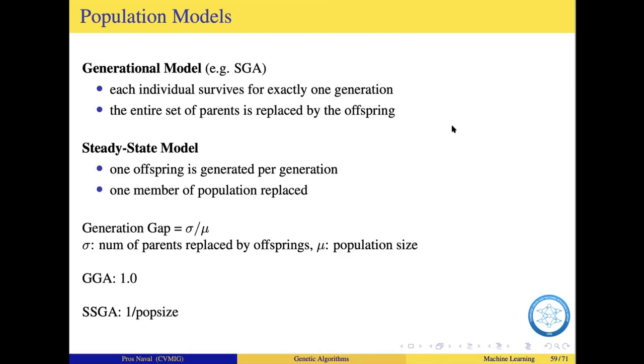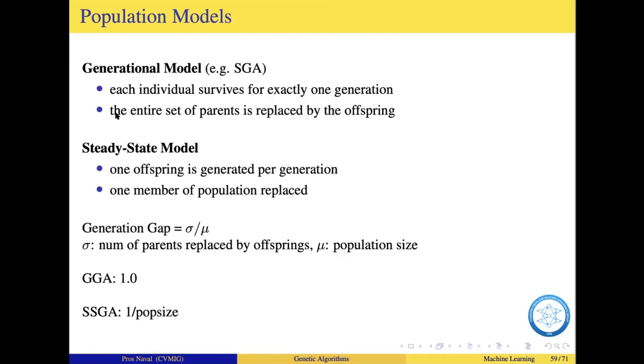Population models. There are two common population models used for genetic algorithms. The first is the generational model, where each individual survives for exactly one generation. So that individual will not appear in the next generation, it will disappear.